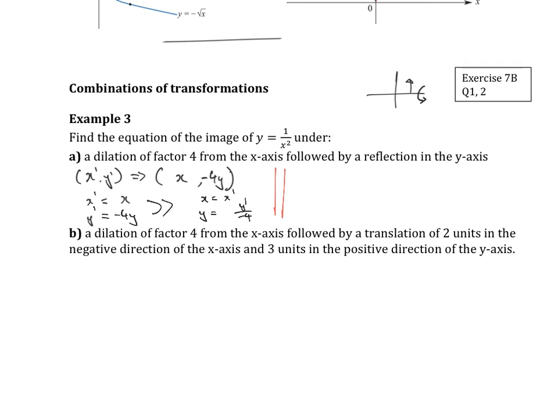The equation I've been asked to apply it to is y equals 1 on x squared, which means y is now y dashed on negative 4, and x is the same as x dash squared. So all that means is I get y dashed on negative 4 equals 1 on x squared. Y dash is equal to negative 4 over x squared.